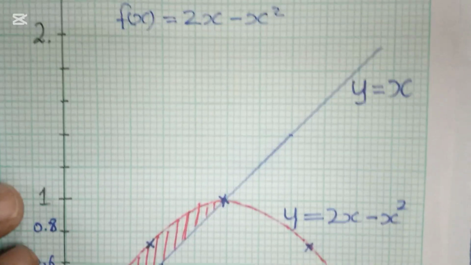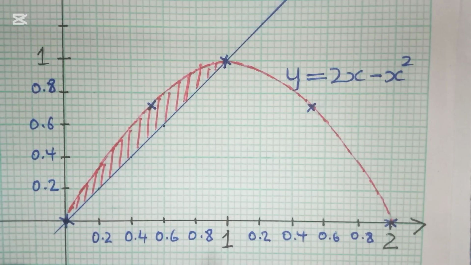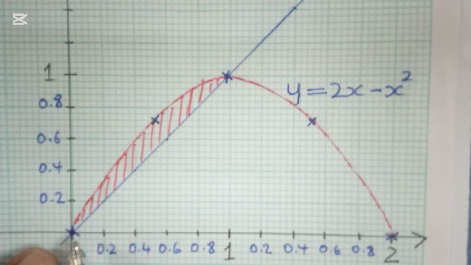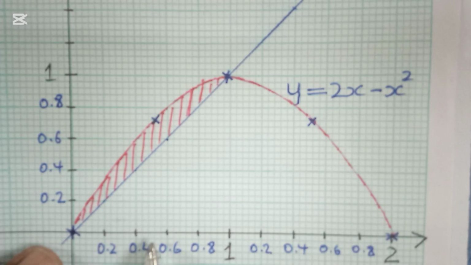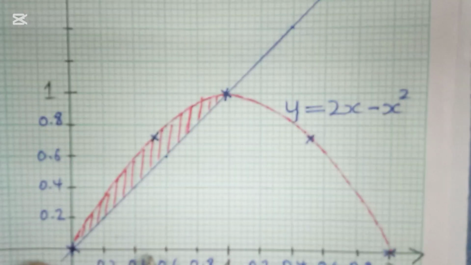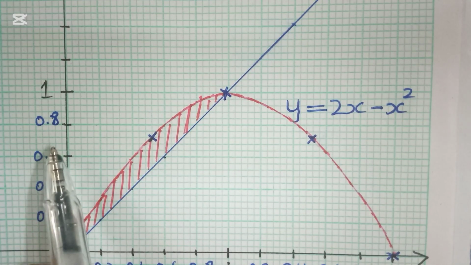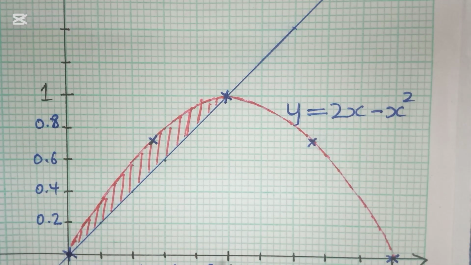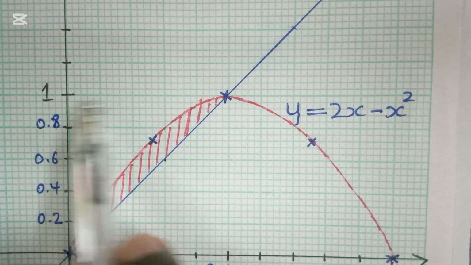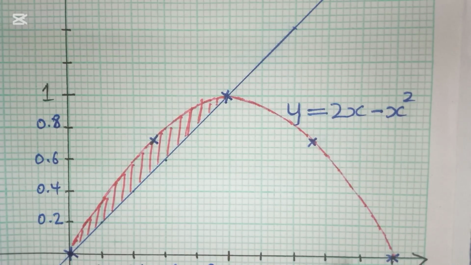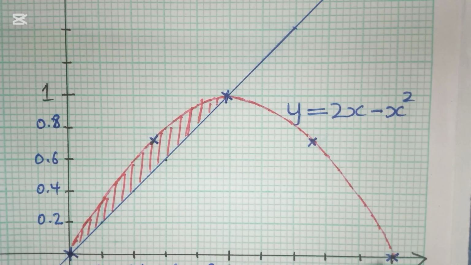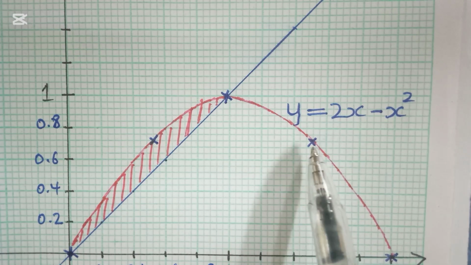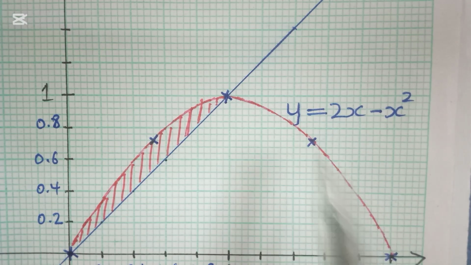So guys, I was able to draw that graph, and as you can see, our first point was 0 and 0. Then we have our second point, 0.5 and 0.75. Then we had a point at 1, which still gives us 1. Then at 1.5, we are supposed to have 0.75.